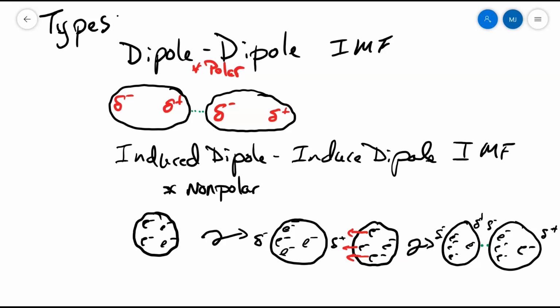But because these electrons are still moving, they're going to go back. So it is a temporary, very short-lived force that gets created.